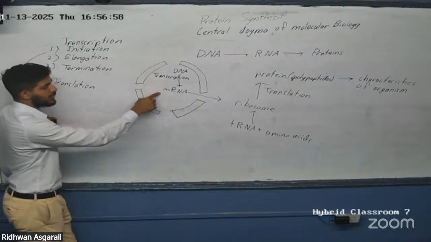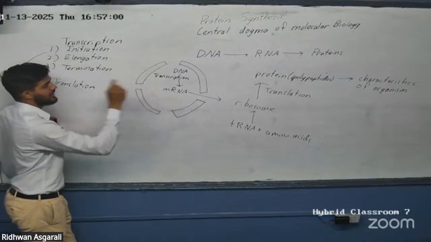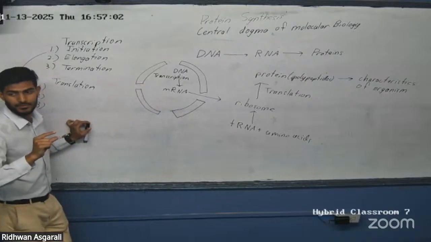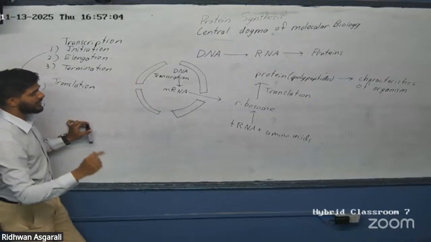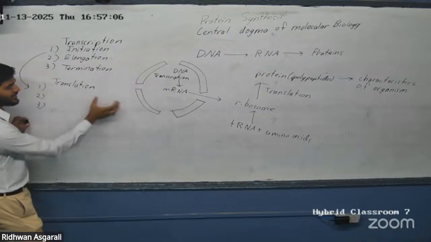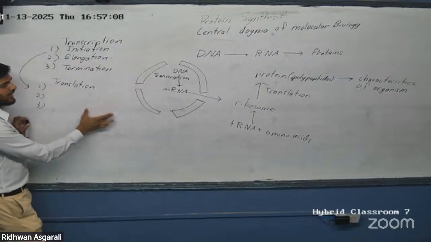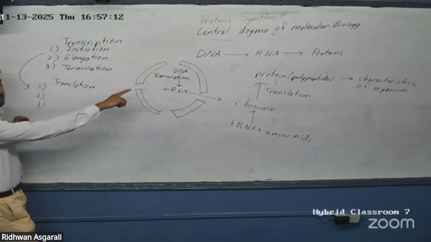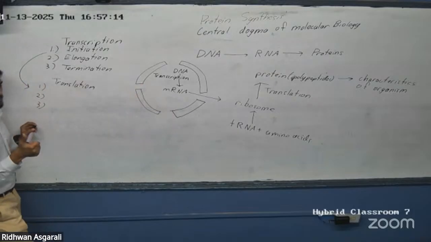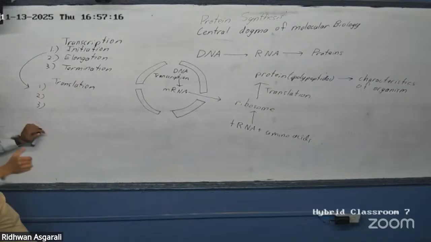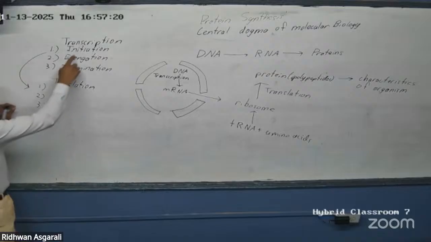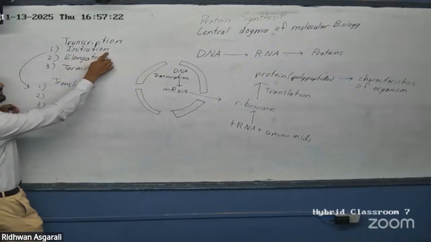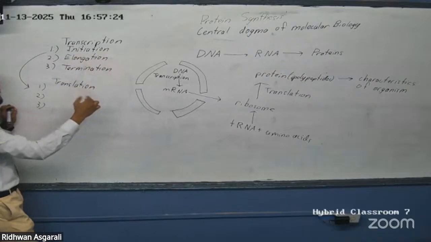How does it know which parts are needed? It has something called a start codon. That start codon tells the enzyme to start from this point, and then it will start to transcribe. It also has a stop codon, so the enzyme knows at this point it has to stop. So that's initiation, finding that start codon and starting the process.